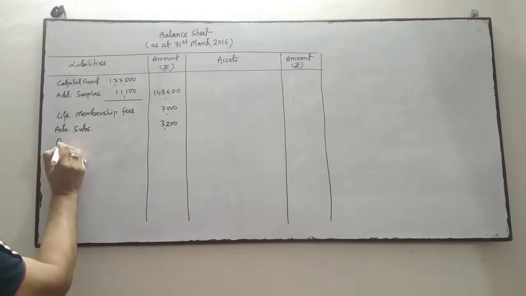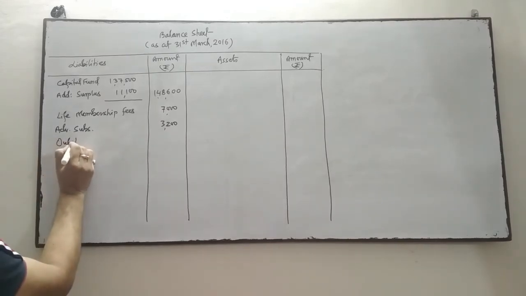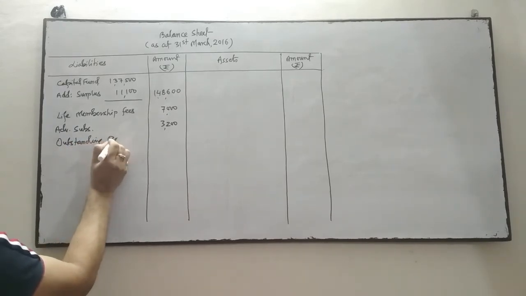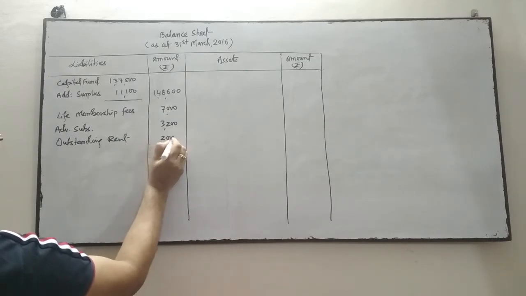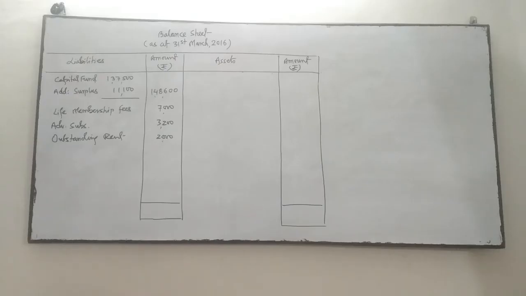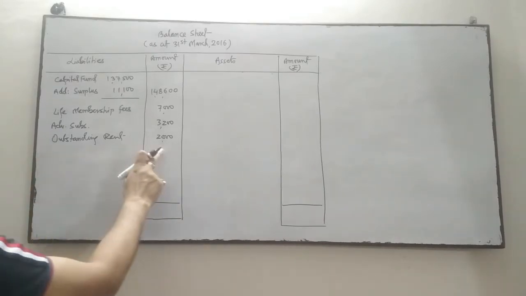Outstanding rent of current year, outstanding rent of current year, 2,000. Now outstanding rent is 2,000.